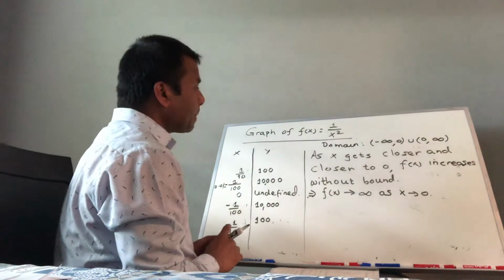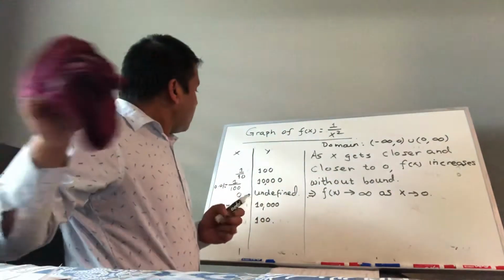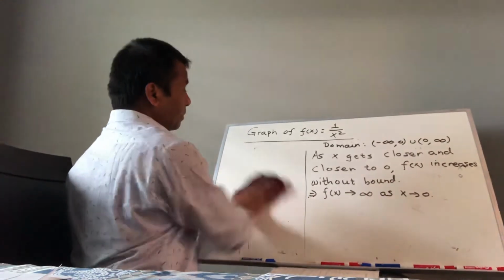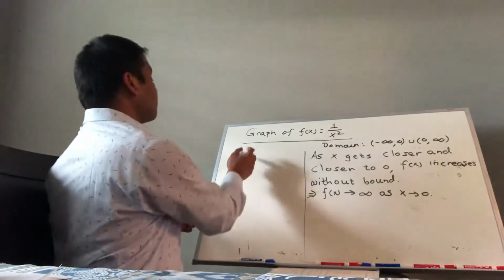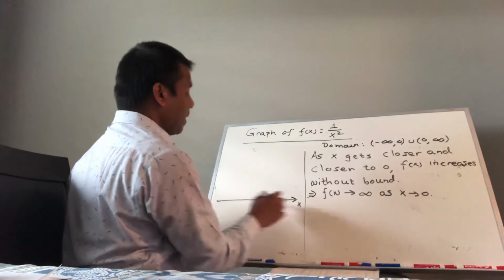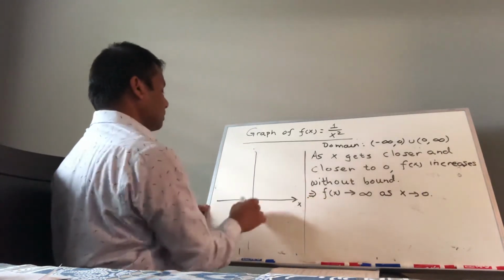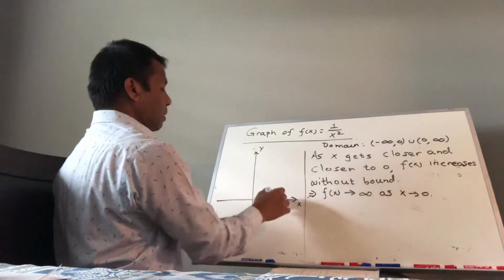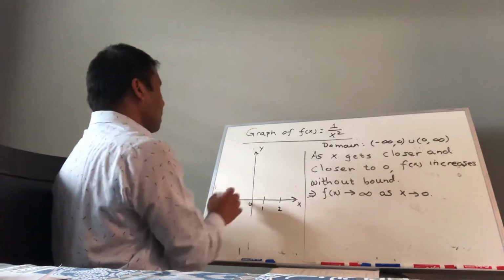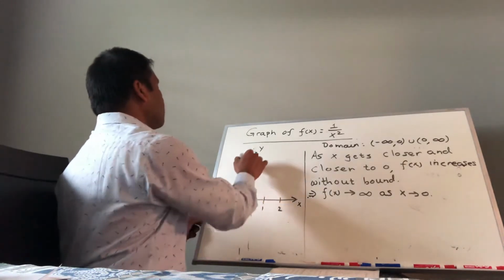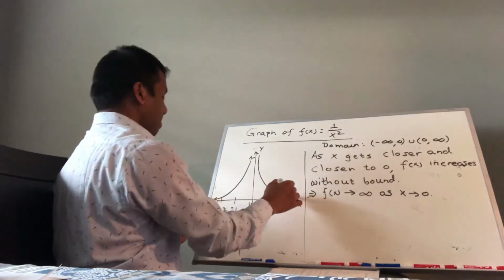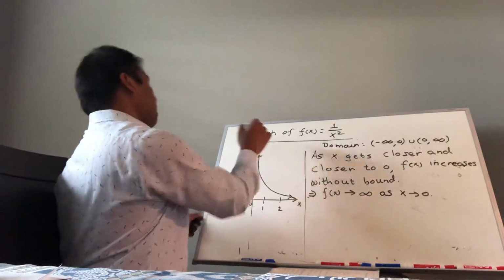So let me draw the graph of this function. This is my x-axis, and this is my y-axis, with 0, -1, -2. And the graph looks like this.